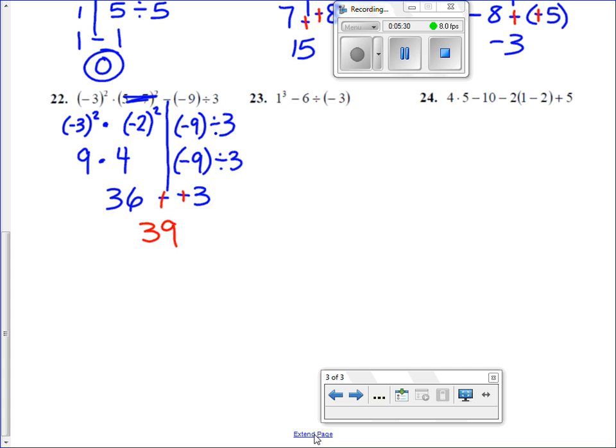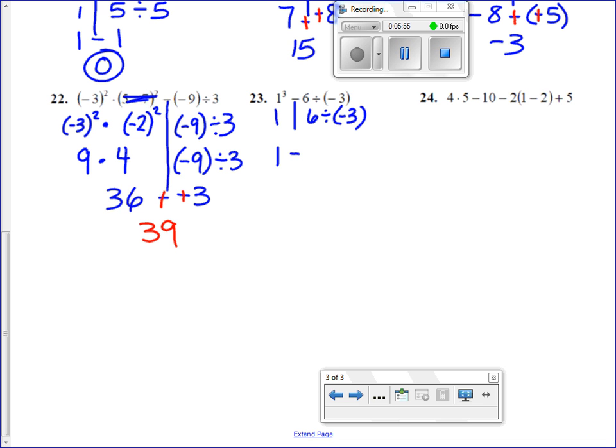That's it. So next, I'm going to look at this problem, draw my alley. I have 1 to the third. I'm going to take care of that exponent first. 1 to the third, 1 times 1 times 1 is 1. 6 divided by negative 3. So now I'm going to have 1. Bring that down.